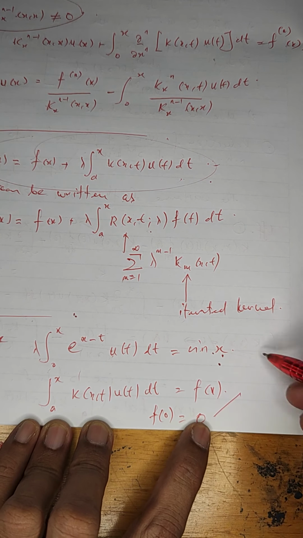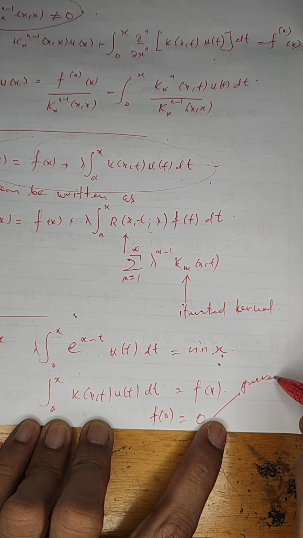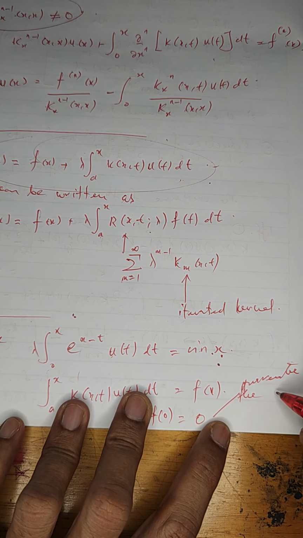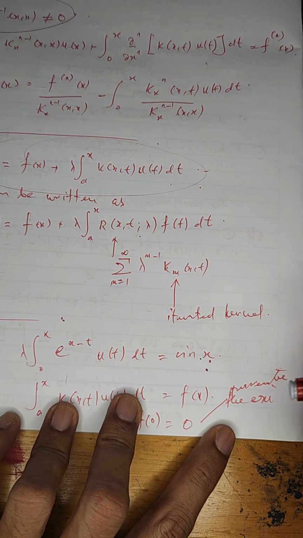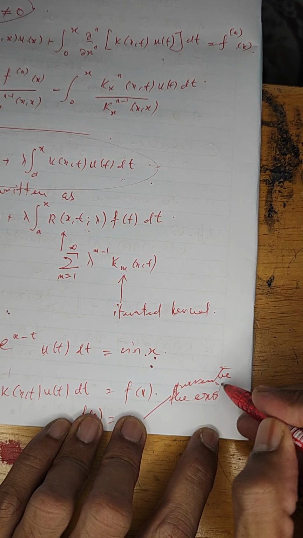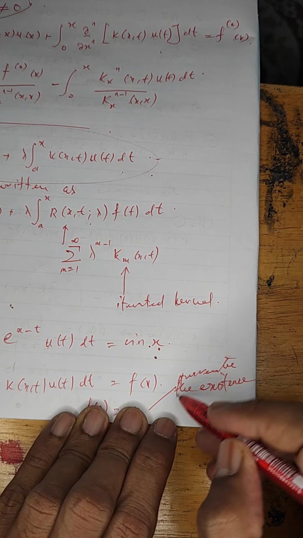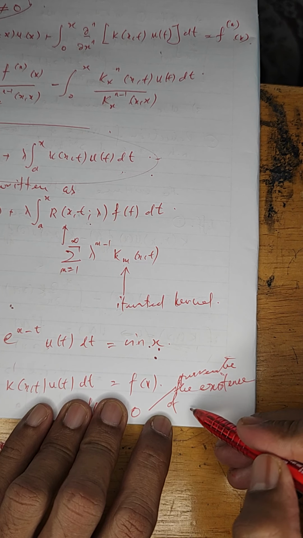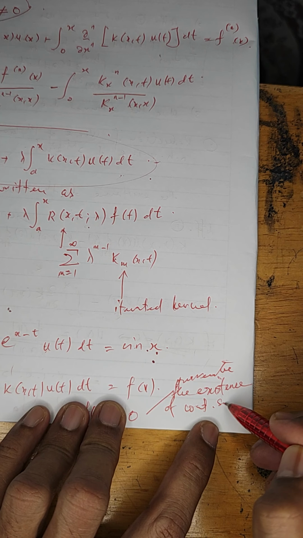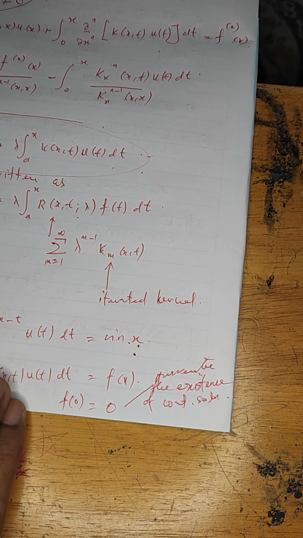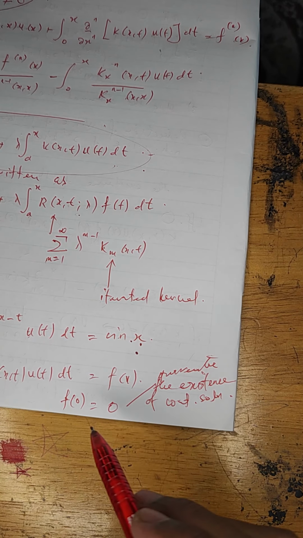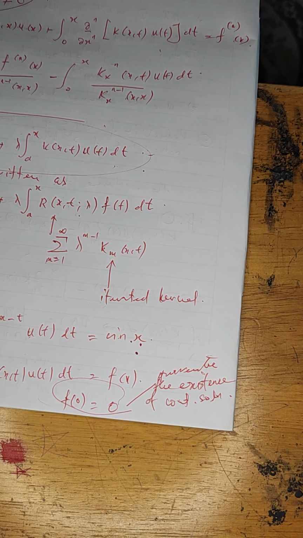So this will guarantee the existence of a continuous solution. Okay, so that condition guarantees the existence of the continuous solution. Now let's see how to solve this example.